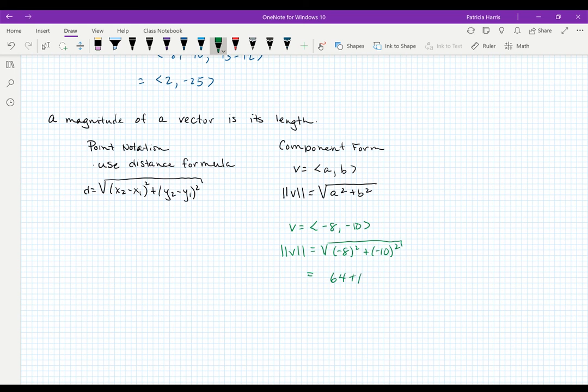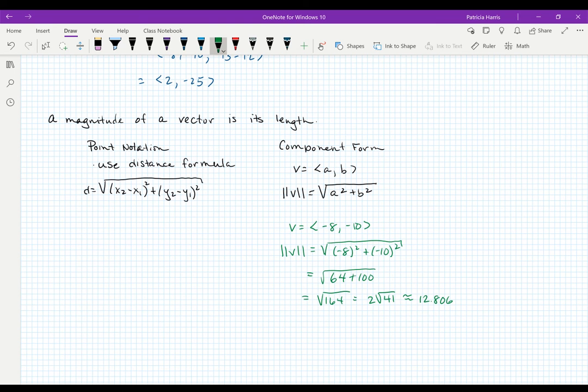That would be 64 plus 100, square root, and the square root of 164 is 2 square root 41, or approximately 12.806. Okay, so that's how you find the magnitude of a vector, so how long it is.